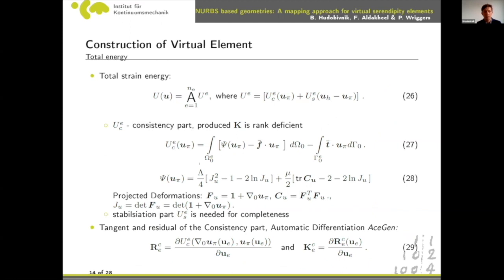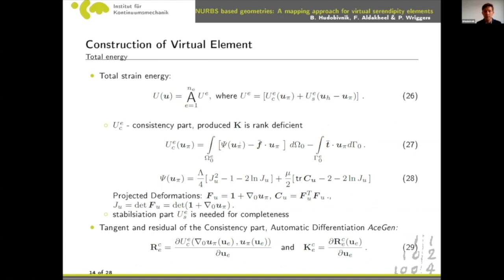Now we have to construct the total strain energy of the element. The total energy is a contribution of each element's energy. So we have the consistency part, which produces a rank deficient tangent, and then we have to add a stabilization part to it for completeness. The consistency part is not in terms of the true displacement, but the integral of the strain energy of the projection instead.